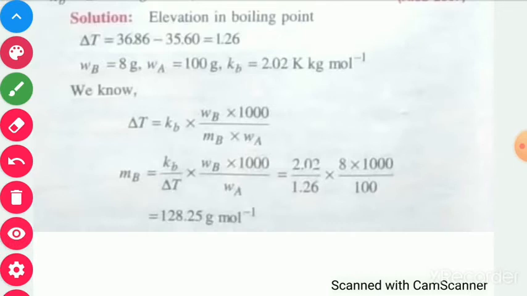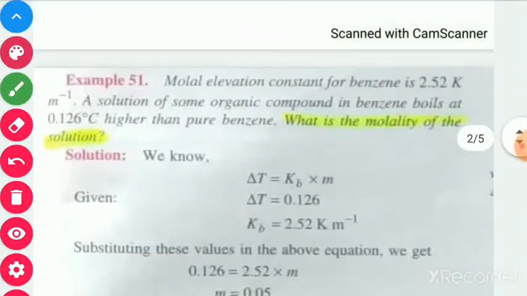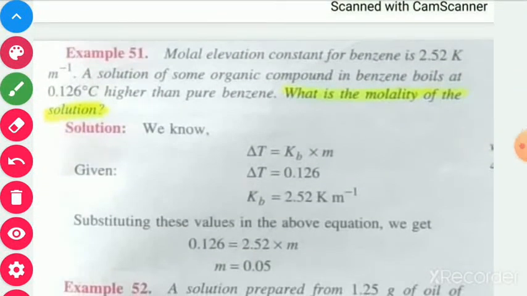Now next question. Molar elevation constant for benzene is 2.52 Kelvin kg per mole. A solution of some organic compound in benzene boils at 0.126 degrees Celsius higher than pure benzene.